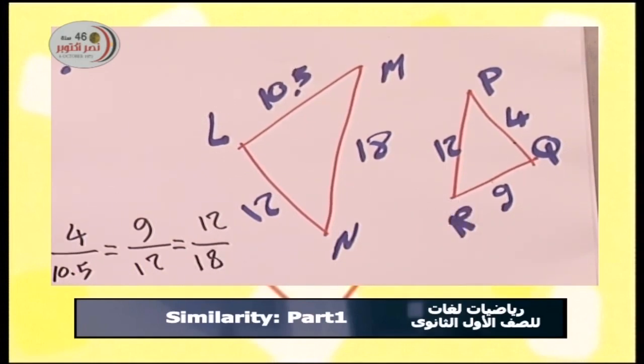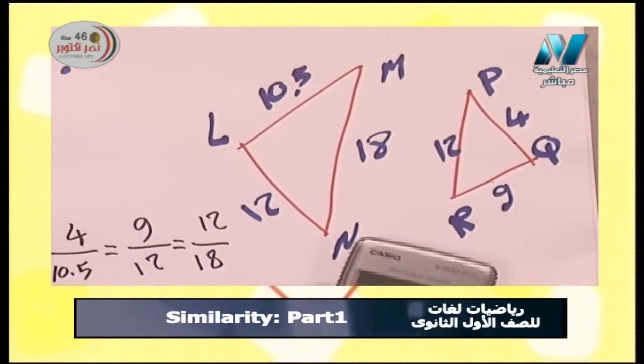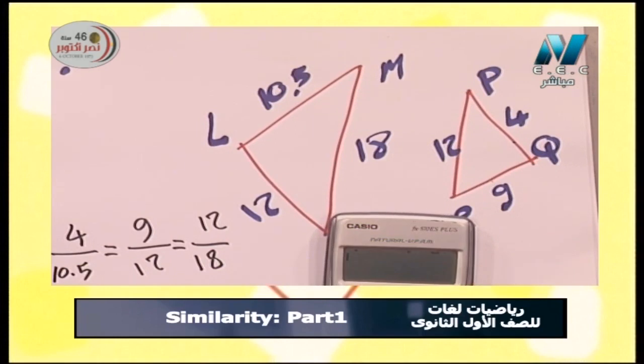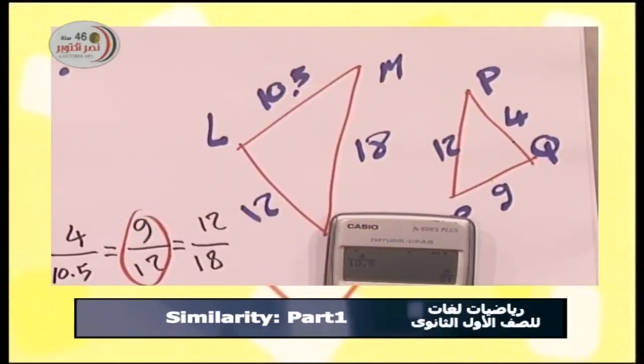Look carefully, and you can use your calculator to decide. We have here a fraction 4 over 10.5. The answer will be 8 over 21, and this one, 9 over 12, the answer will be 3 over 4.